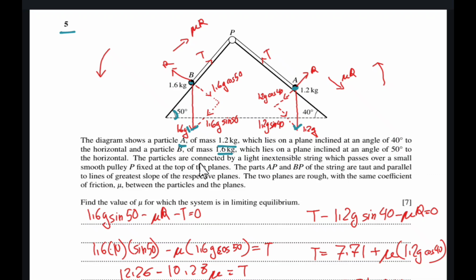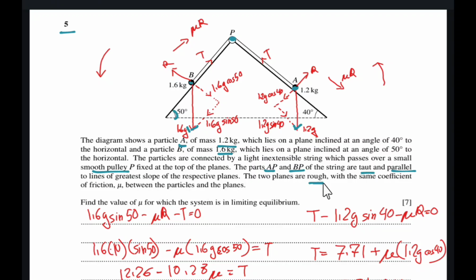Then the particles are connected by a light inextensible string, which passes over a smooth pulley, that means there is no friction on the pulley P, fixed at the top of the planes. The parts AP and BP of the string are taut and parallel to the line of greatest slope of the respective planes.